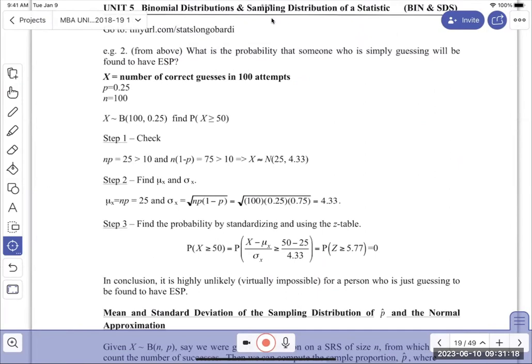In other words, we want to find out what's the chance that a person can correctly guess 50 or more cards, with different shapes on them, by just thinking about it, not actually seeing the card image. And then to solve this, rather than doing a table in Excel, I use the approximation.